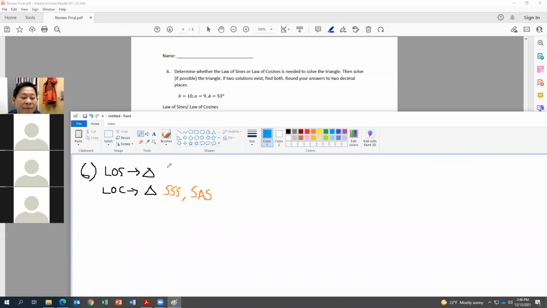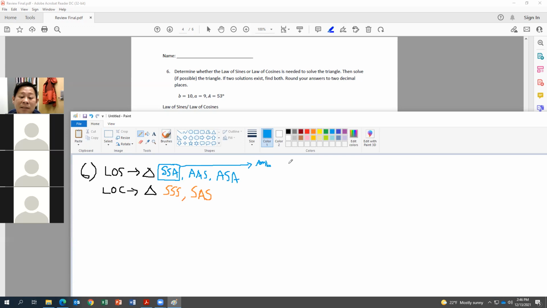But if you have an SSA triangle, or an AAS triangle, or an ASA triangle, then it is going to be law of sines. But for SSA triangle, I'm going to put a box on it because this is an ambiguous case.